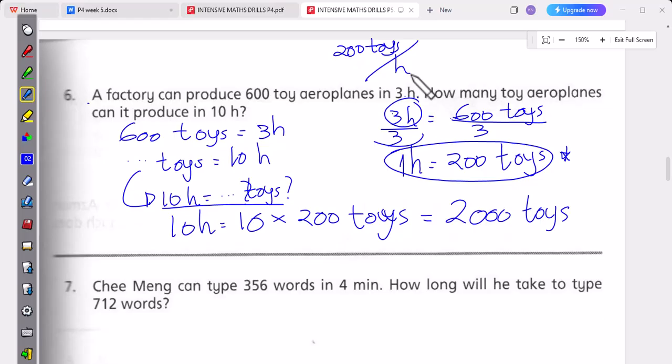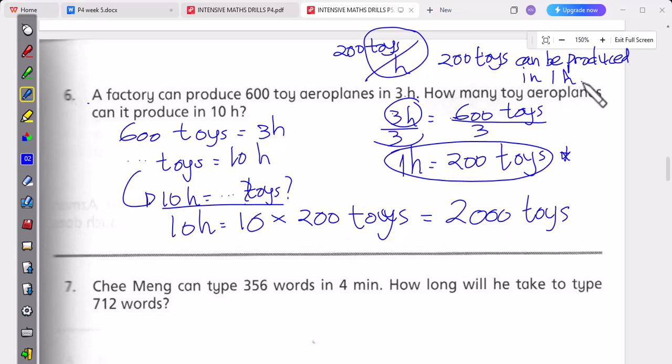To read these units, because this is a combination of toys and hour, it means these 200 toys can be produced in 1 hour. So here is the way to solve the combination of the units. Next, we go to the next question.